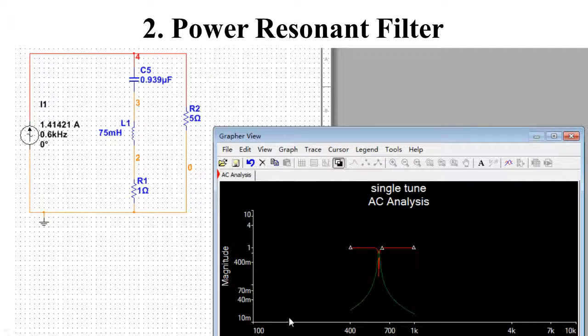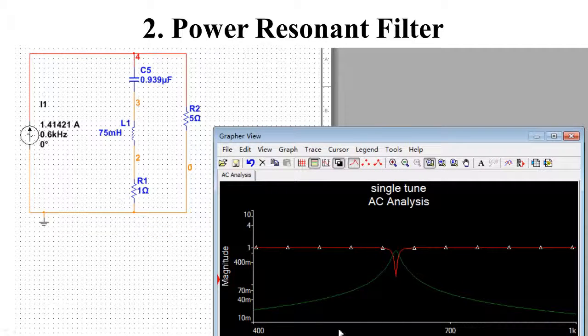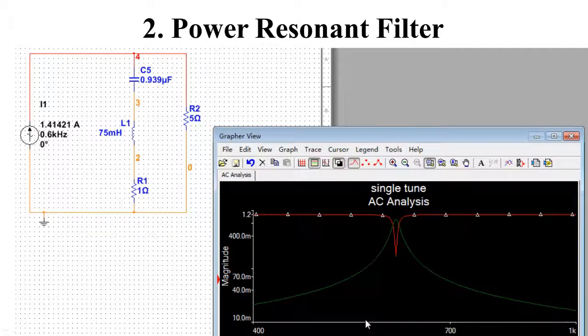Delete the phase frequency characteristic and change the range of the horizontal and vertical axis for better observation. The green curve represents the current through the filter branch. The red curve represents the current through the load.